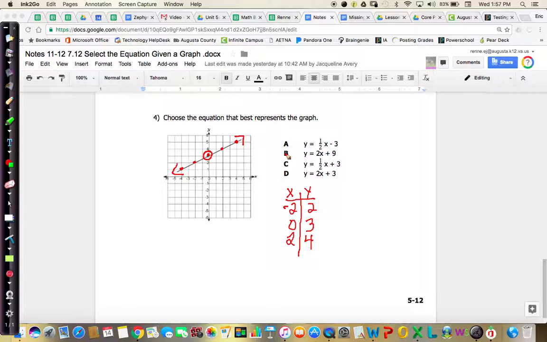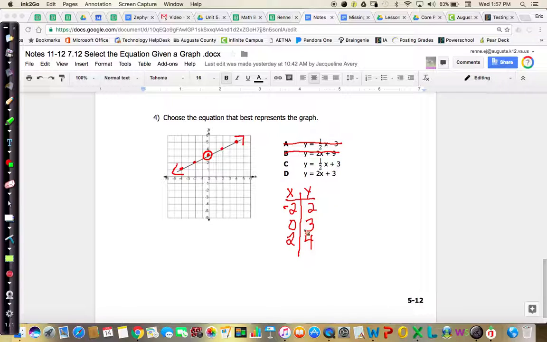So that means the equation is going to end with +3. So we can eliminate choice B, and we can eliminate choice A. Now we're down to choice C and choice D. So half of -2 is -1. -1 plus 3 is +2. Half of 0 is 0, plus 3 is 3.